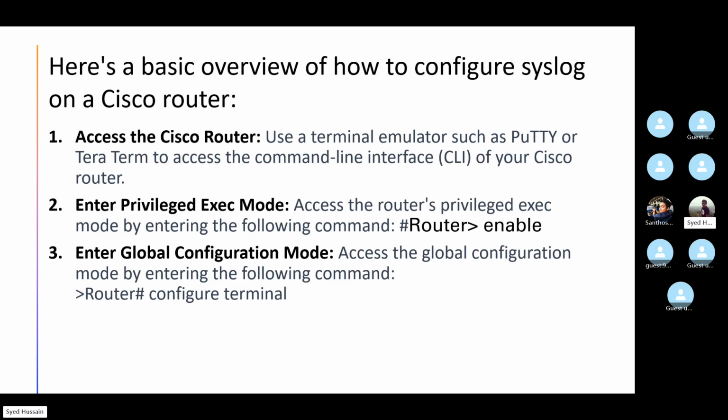You guys know PuTTY, you use PuTTY, right? Tera Term is also like PuTTY. It's a CLI, command line interface, of a Cisco router. So we can access the router and syslog with the help of PuTTY. This is a terminal emulator.